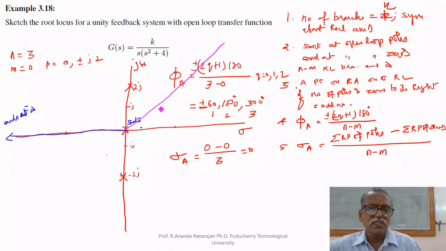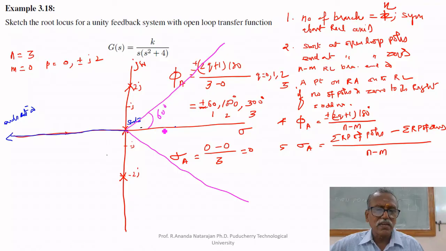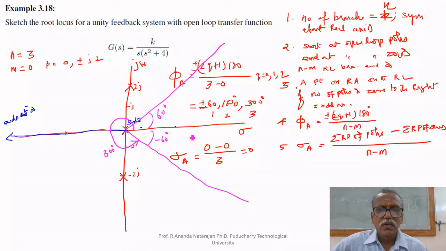This is 60 degrees. This is 300 degrees, or minus 60 we can say. This is an asymptote.